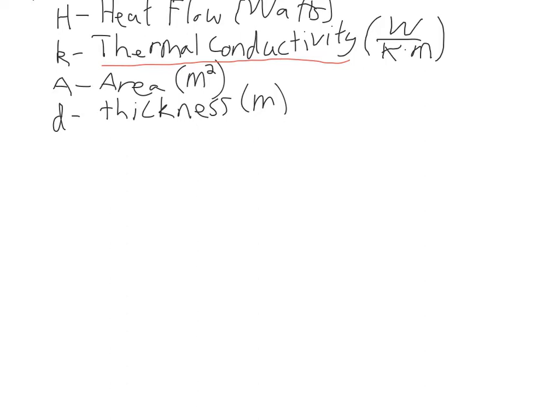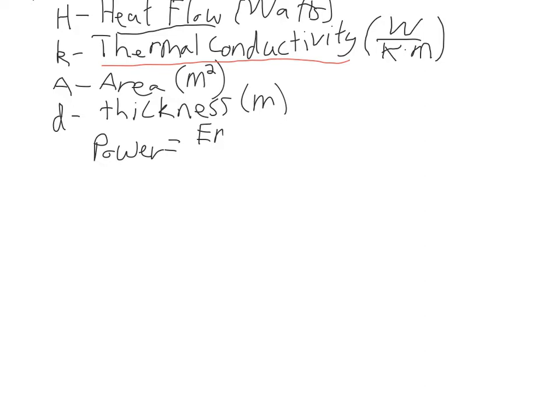Alright, so I wanted to start by defining some variables that we're going to be using. H, you'll see, is heat flow. That's the amount of heat that flows. Heat is energy, and when it's flowing in a given period of time, energy over time is power. So maybe I'll write that too. Power, which I believe we've defined already in class, but I just want to make sure you know, is energy over time.